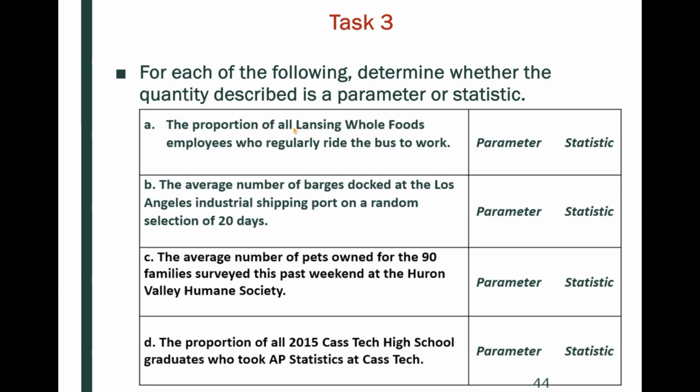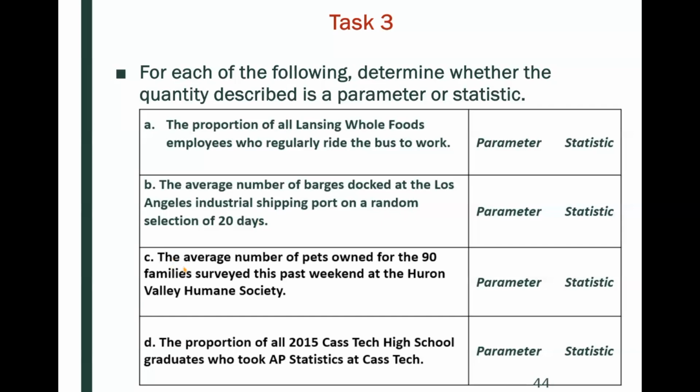B, the average number of barges docked at the Los Angeles Industrial Shipping Port on a random selection of 20 days. Here, it's an average number of barges from a random selection of 20 days. This is going to give us a statistic because that deals with a sample. And I don't see any of our keywords like all or entire that would indicate a population.